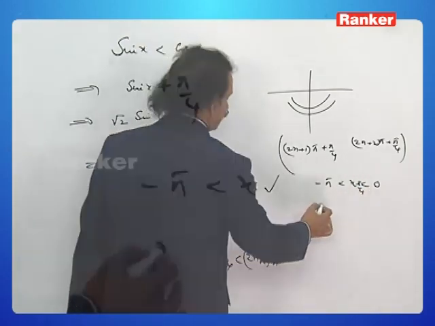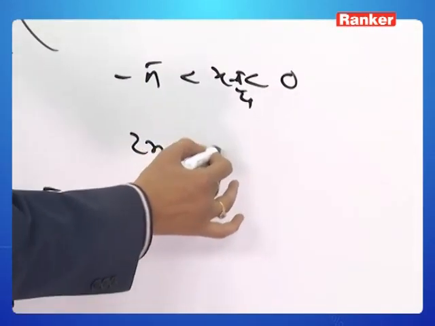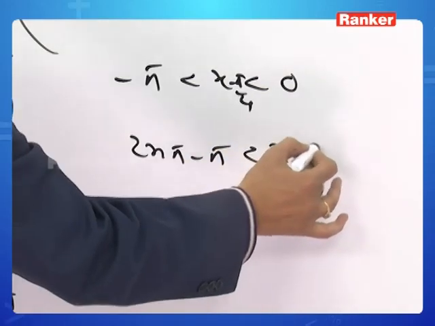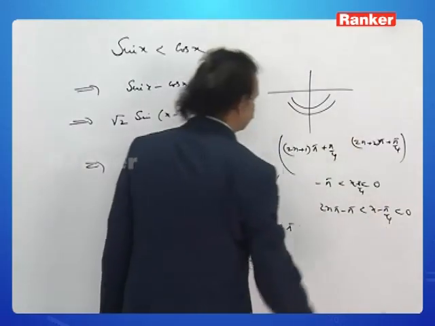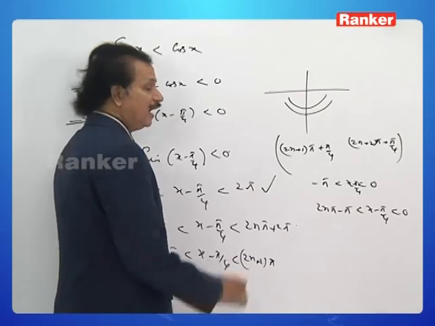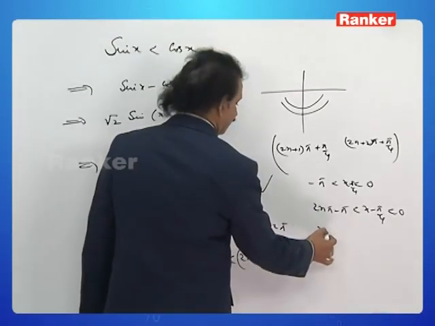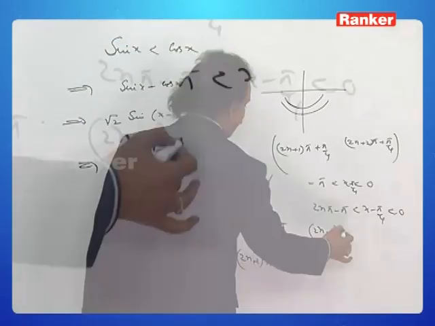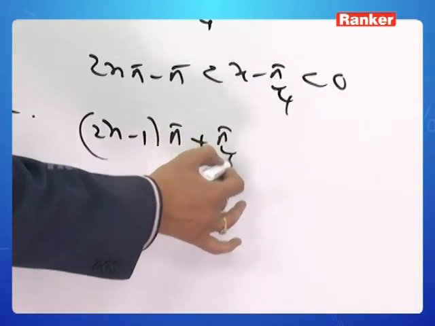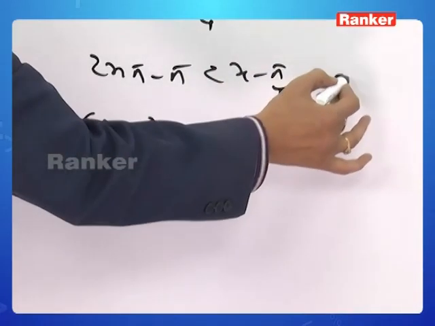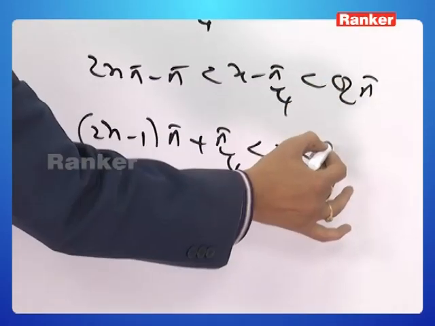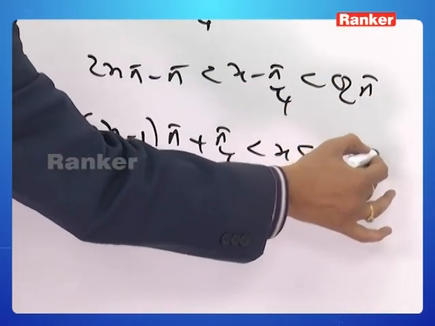Add 2n pi: 2n pi minus pi less than x minus pi by 4 less than 0. Add pi by 4 on both the sides. 2n minus 1 into pi plus pi by 4 less than x less than 2n pi plus pi by 4.